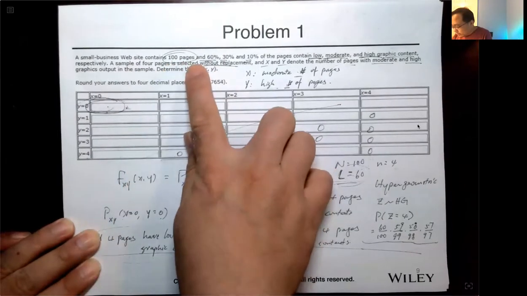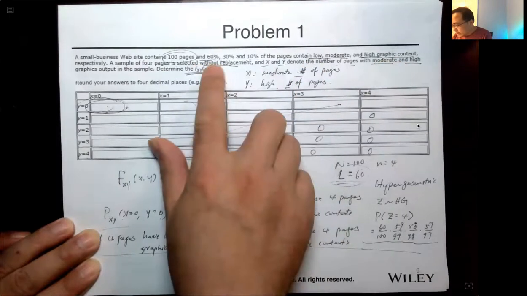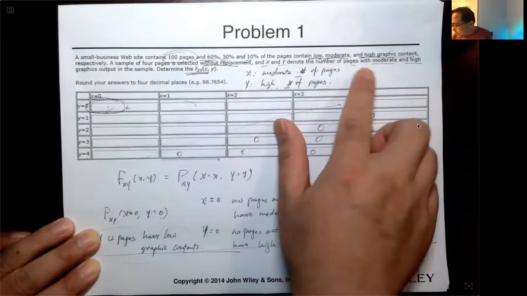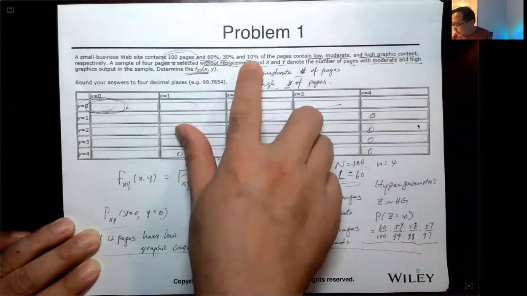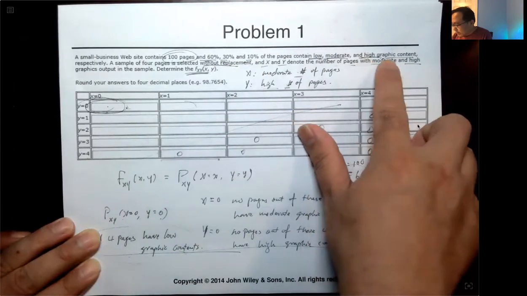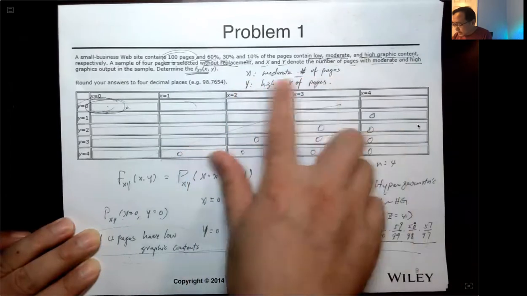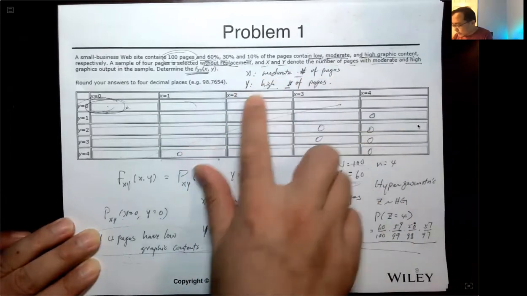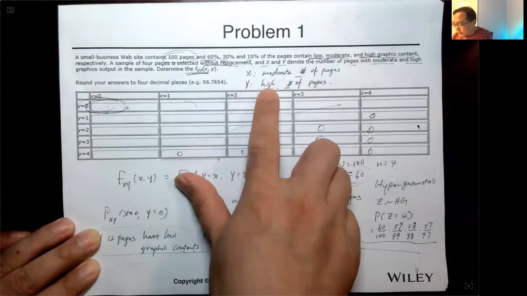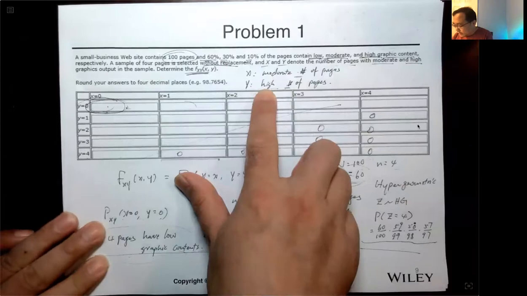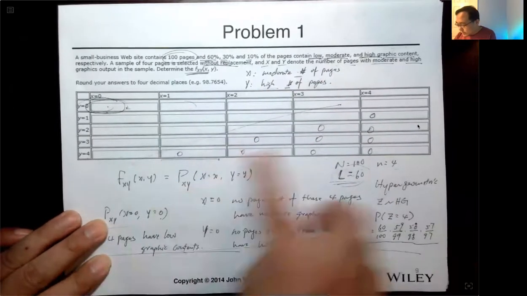Of those pages, 60% have low graphic content, 30% have moderate graphic content, and 10% have high graphic content. X is the number of pages with moderate graphic content, and Y is the number of pages with high graphic content. So it asks you to fill out this table.